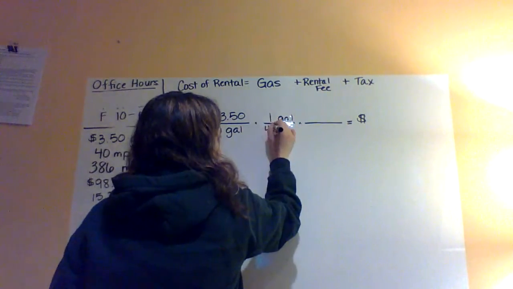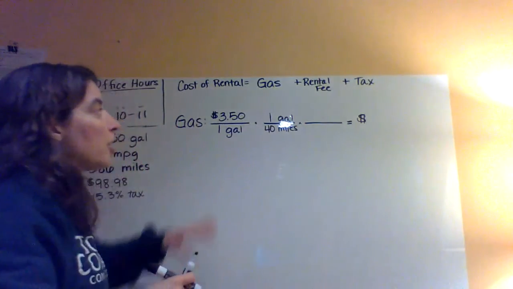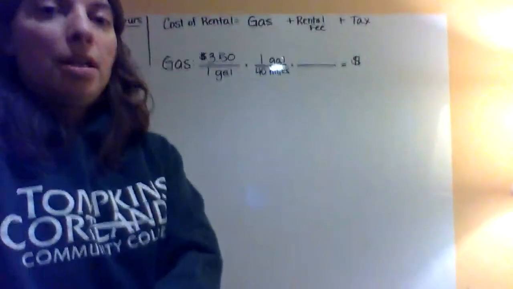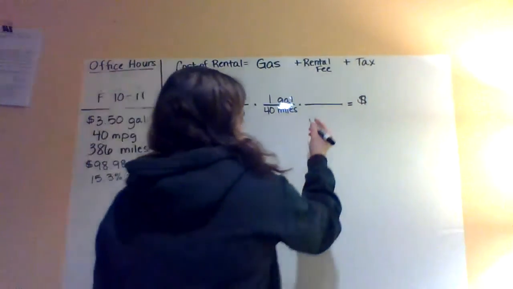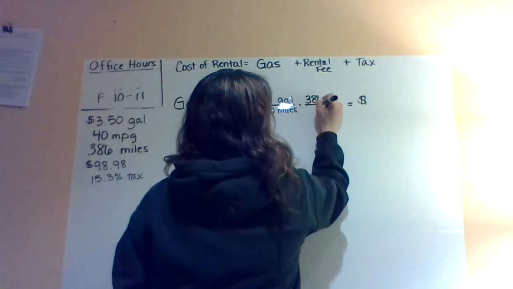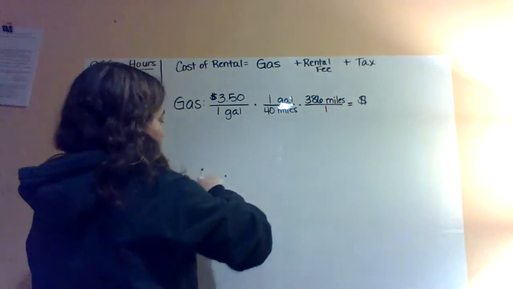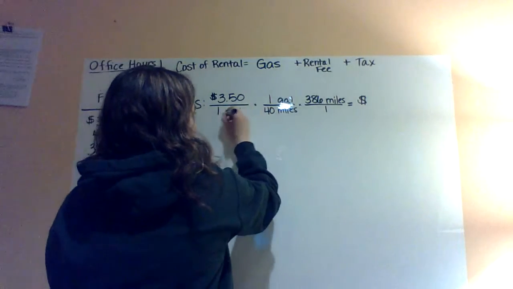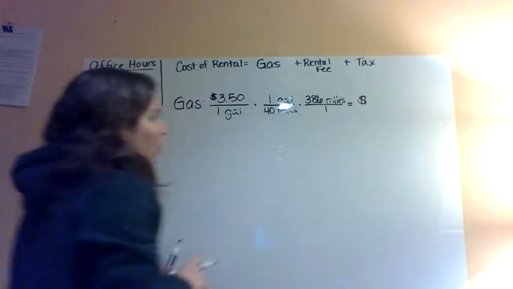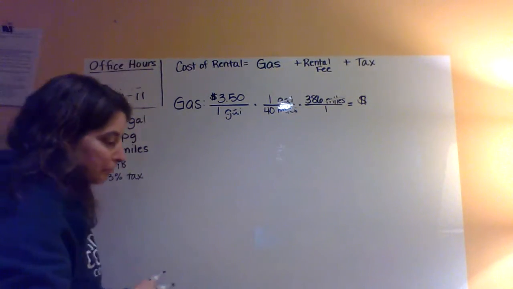Okay, so hopefully you did it and you thought about the fact that in this case, the only thing that changed was the mileage from that second one we did in the last problem. So now it's 386 miles. Again, over 1. I kind of set this up quickly, but we went through the very same setup before. We can see that our units are canceling out. We just have dollars left.